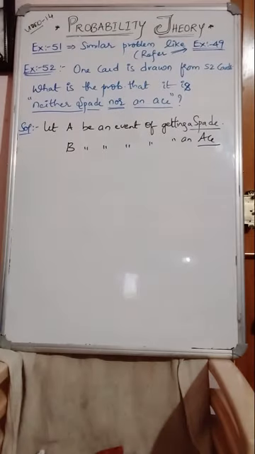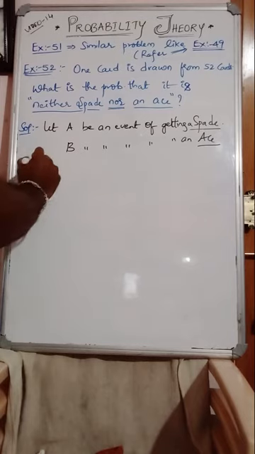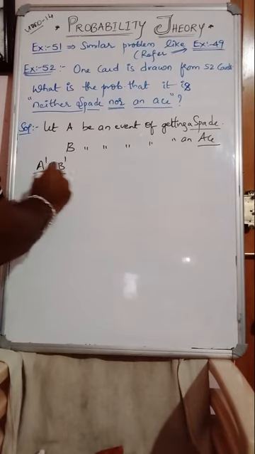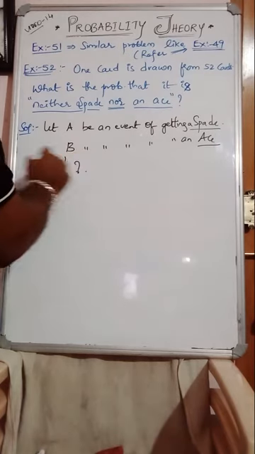Let A be an event of getting a spade card and B be an event of getting an ace card. Let us consider two events A and B now. And then the event that the card drawn is neither a spade nor an ace, that means A dash intersection B dash. This has to be calculated now.